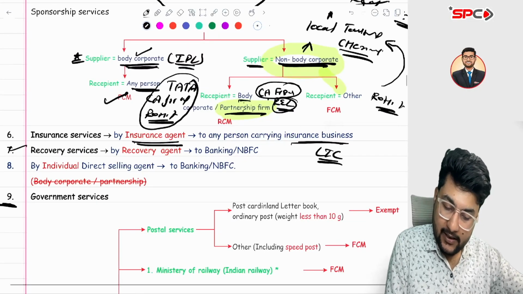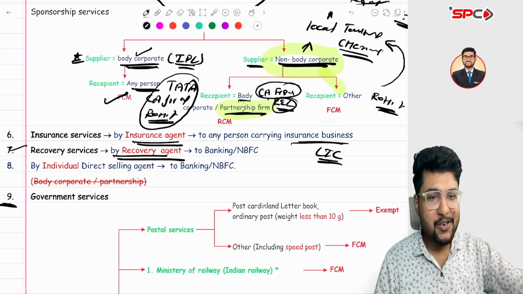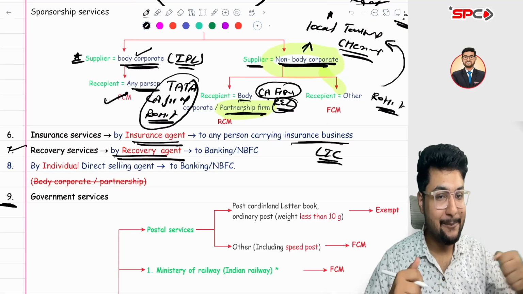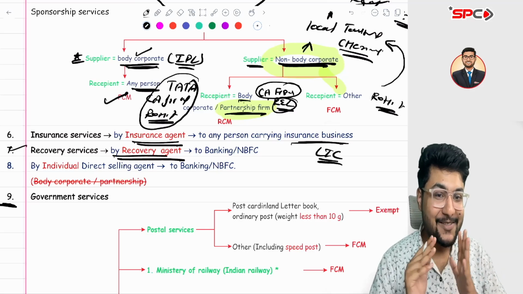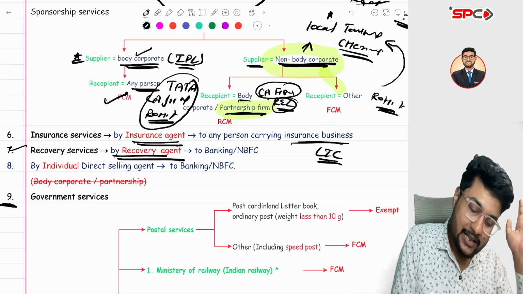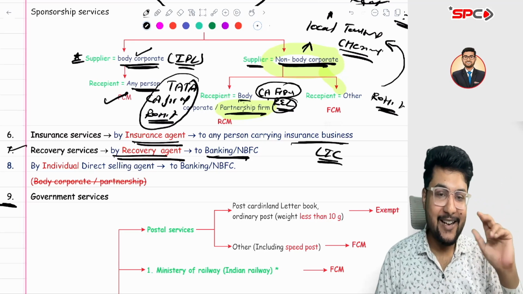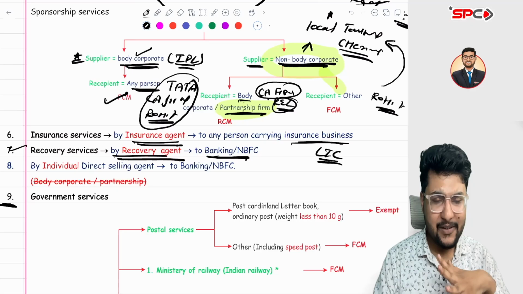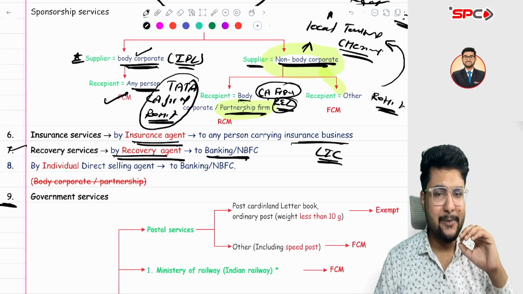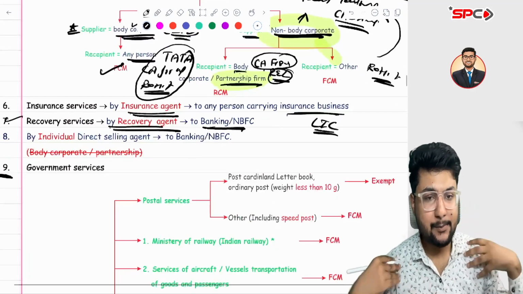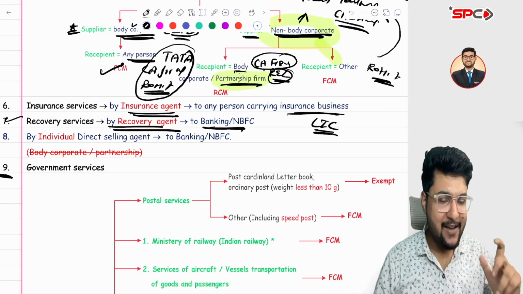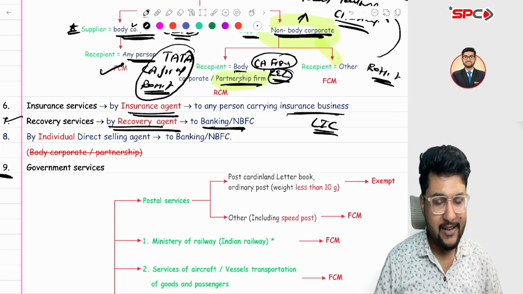And same like a recovery agent. Have you taken any loan and not paid it, and then the bank sends a recovery agent? If any bank hires a recovery agent, the recovery agent is also very small. In that case, the bank and NBFC will deposit the tax. But suppose you have taken my classes on credit, and I haven't taken charge.